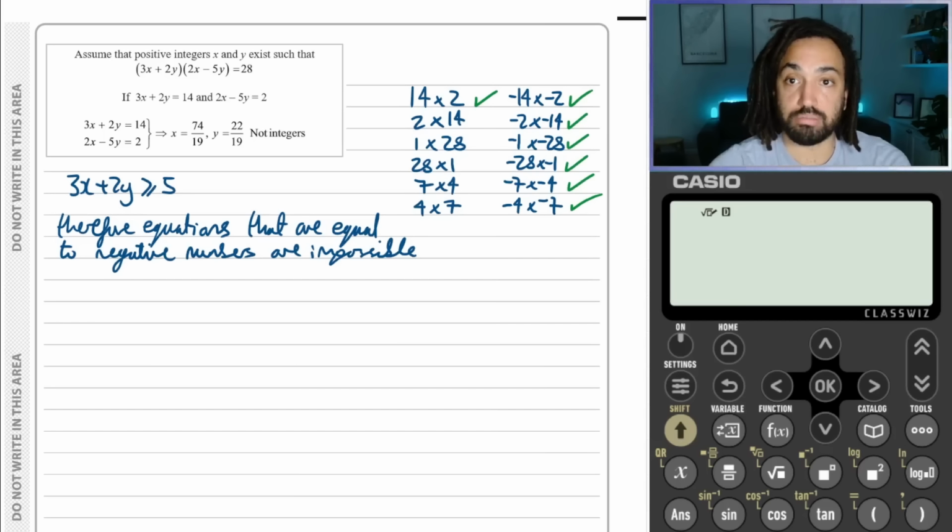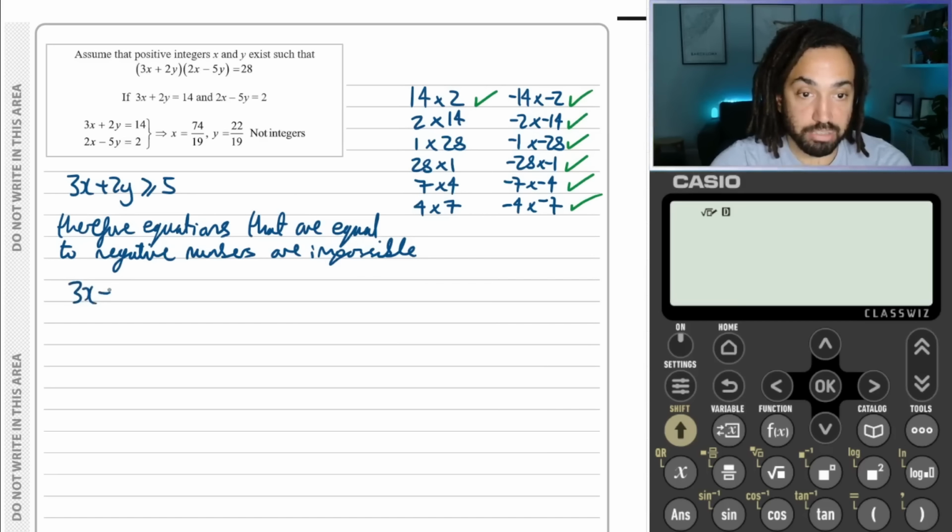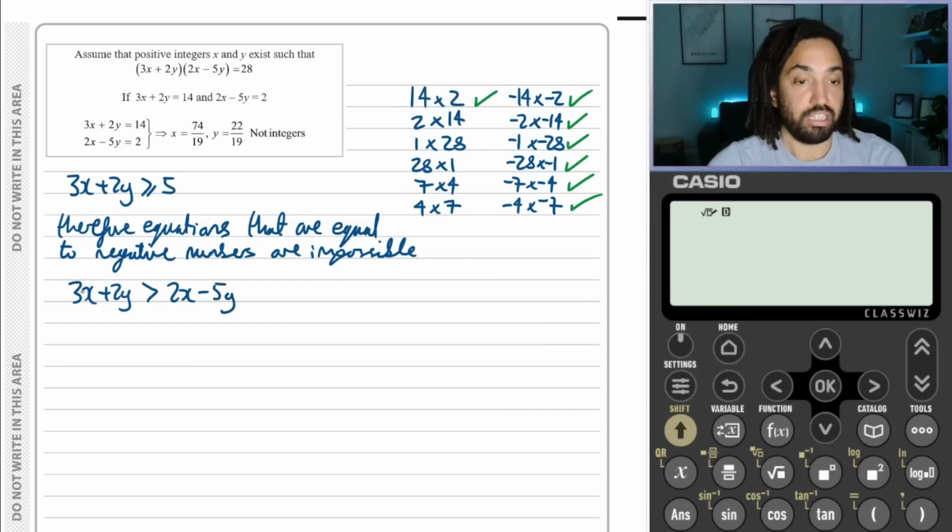Also, 3x plus 2y is definitely going to be bigger than 2x minus 5y, because 3x is bigger than 2x. Again, these are positive integers, so 3x is definitely bigger than 2x. And you're adding 2y on this side, but you're taking away 5y on that side. So this one is definitely bigger.